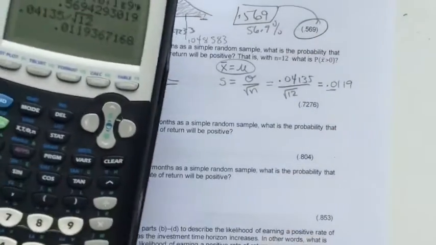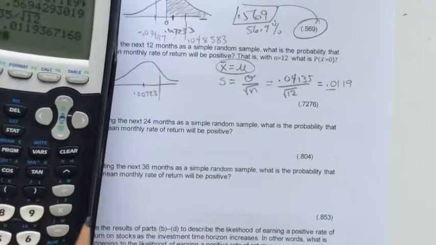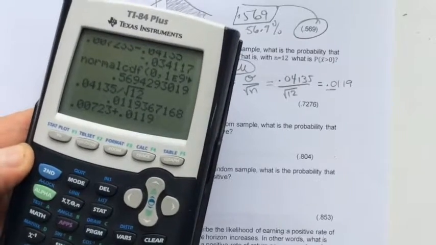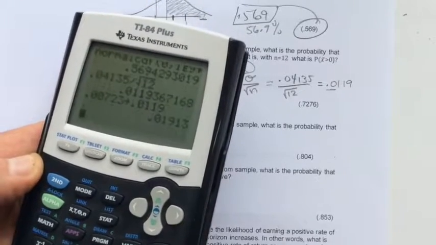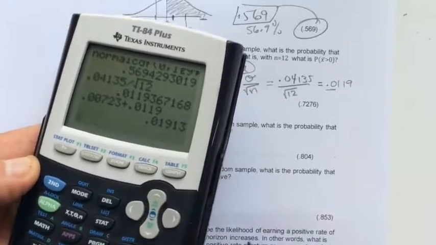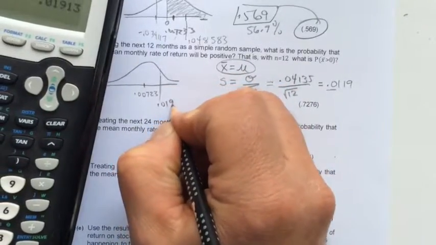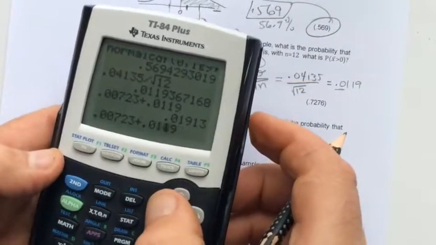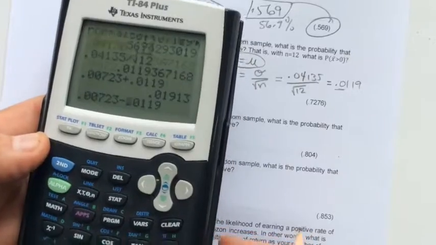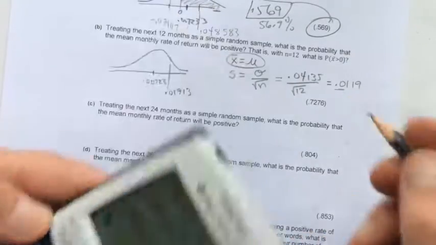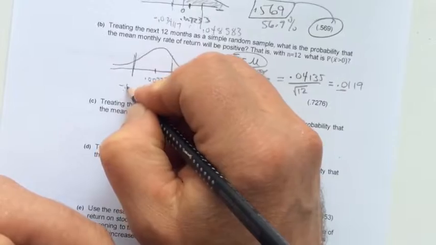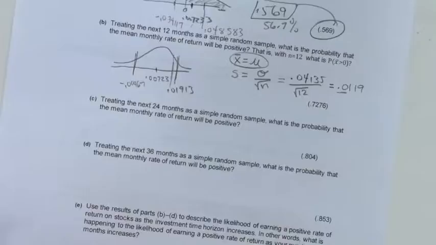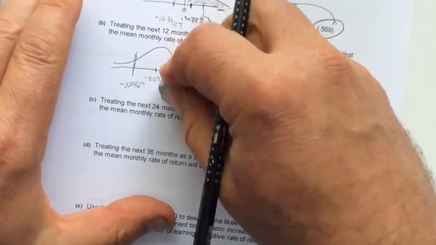So 0.00723 going up 0.0119 gives 0.019. And one standard deviation down from the center is negative 0.00467. So that's one up and one down. I'll spread it out a little bit.